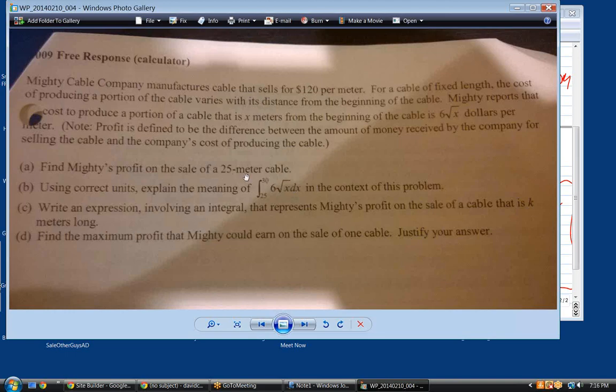In other words, we figured out the cost for a 25-meter cable was $500. Well, to figure out what that would be, I could evaluate it from 25 to 30, and whatever the additional comes out to be, that would be the additional cost to make a 30-meter cable.